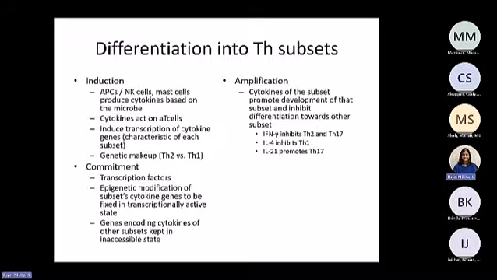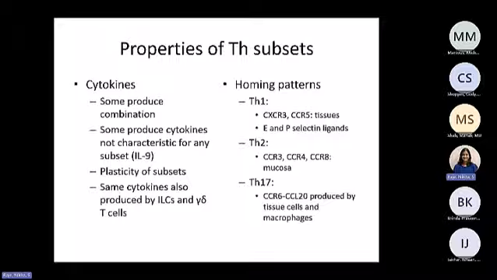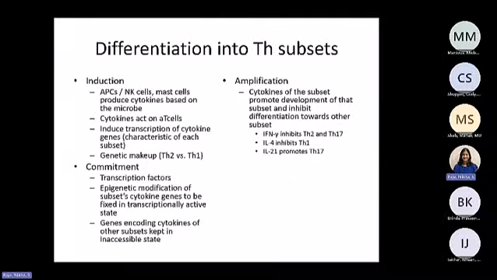All right, I don't expect you to know all these particular chemokine receptors for each subset, but you get the idea that where they are going to end up is based on those chemokine receptors. The bottom line is Th2 cells will end up in the mucosal layers versus Th1, Th17 might be in specific areas as well.